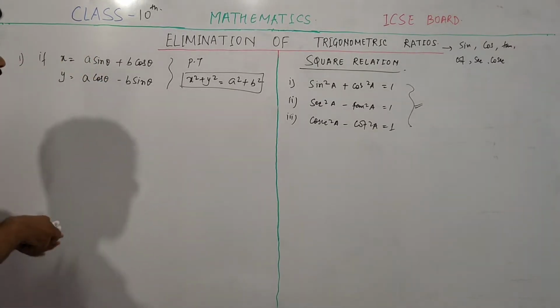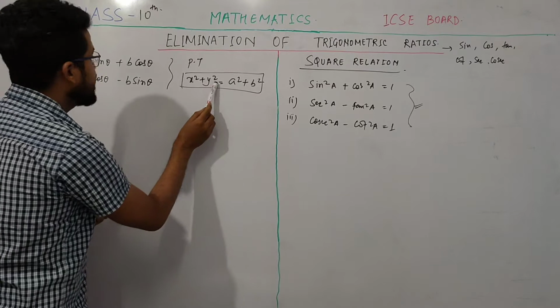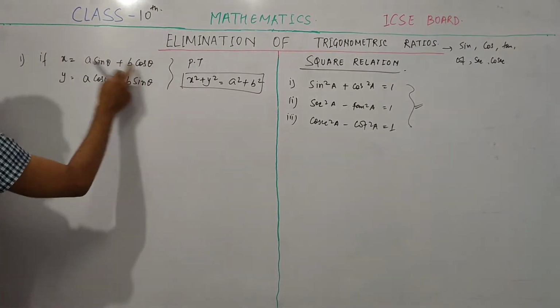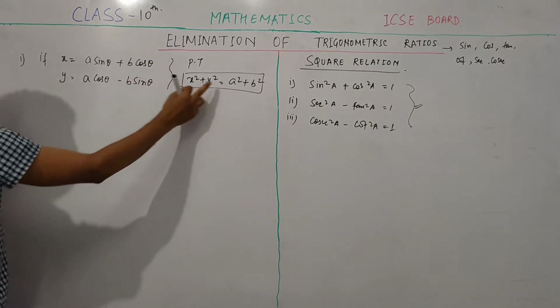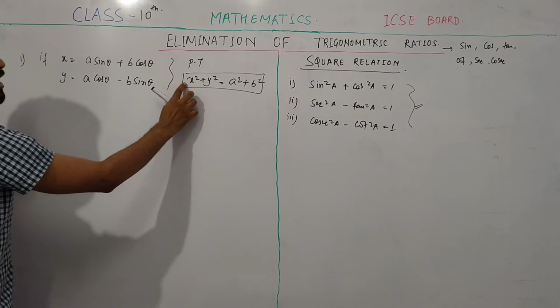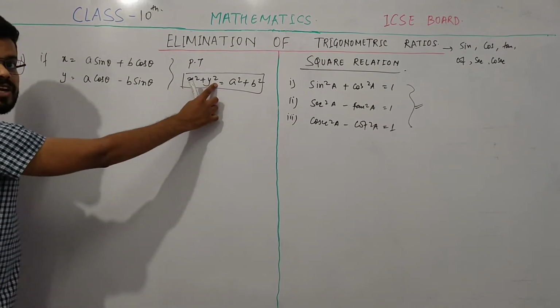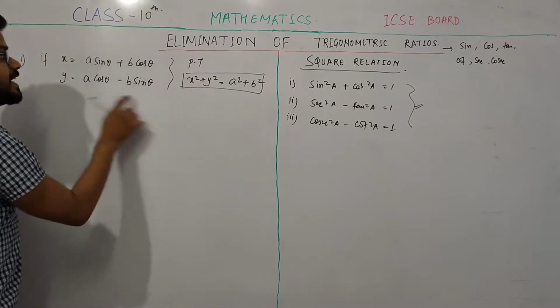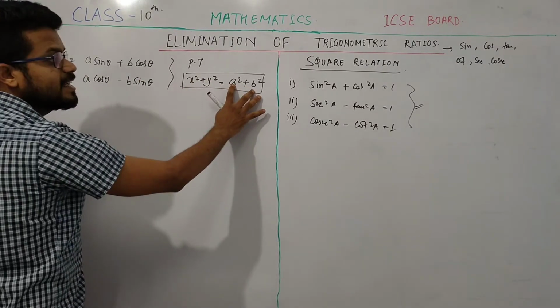Here we have x square plus y square. When I take square on both sides of these relations, we can easily get x square and y square. After getting x square and y square, we add them and get the value.